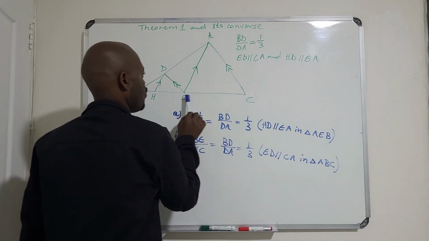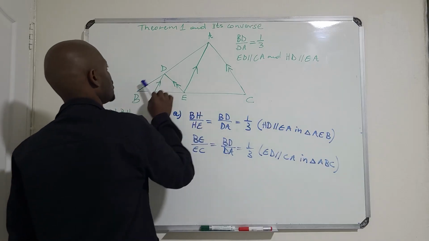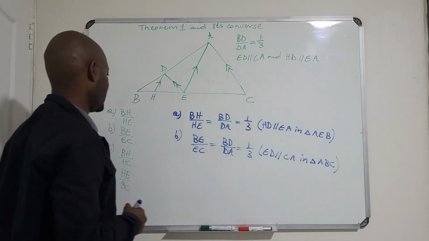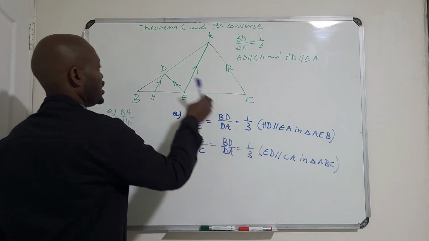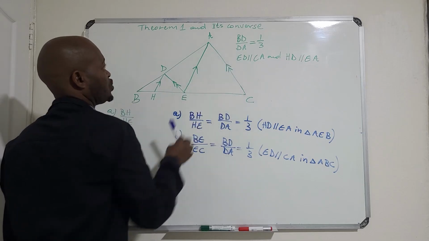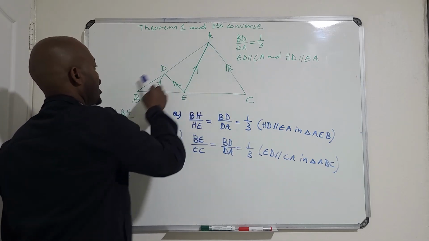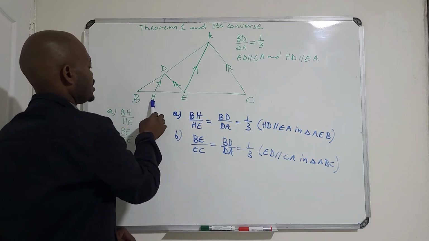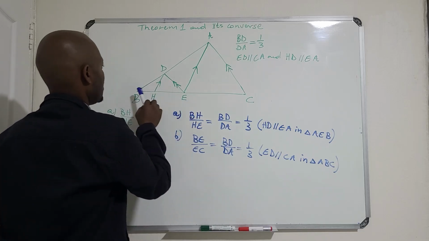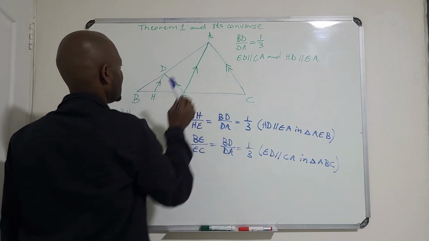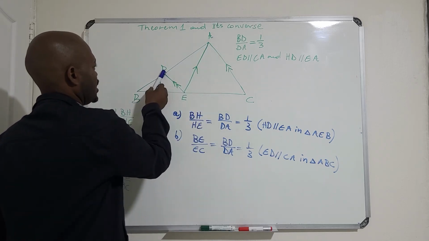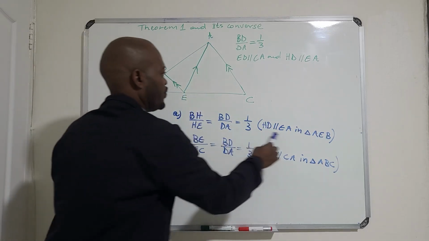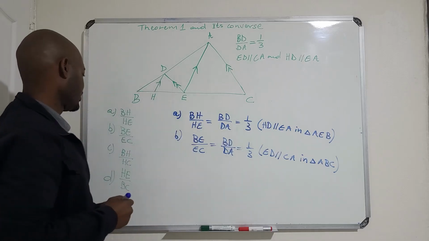This over that is equal to this over that. That is why we have that there. Reason? It is because DE is parallel to CA in triangle ABC. With this one, we say this over that is equal to this over that, because this is parallel to that in triangle AEB. That is why we have that.